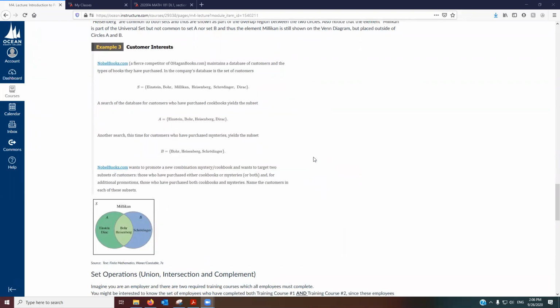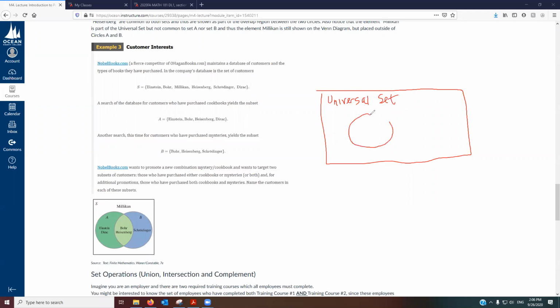Okay? So let's do a quick example here. Now, the way you set up a Venn diagram is you create a rectangle to start with. And this rectangle we think of as the universal set. So everything inside this rectangle is a member of the universal set. And then I define one set.